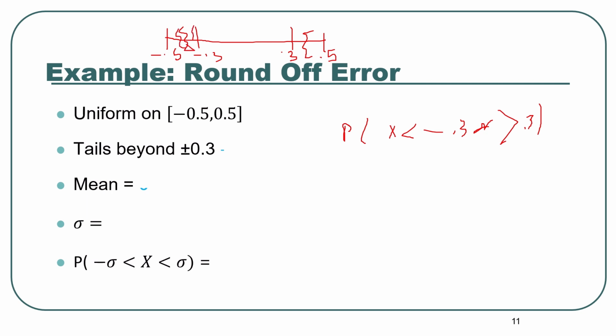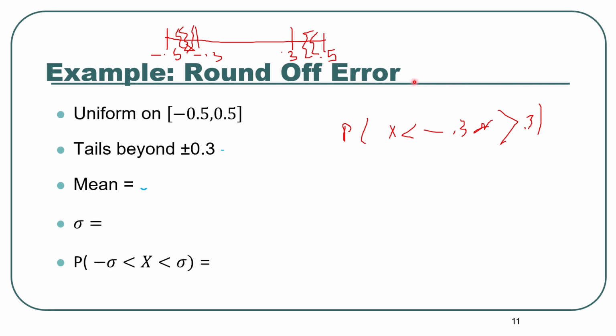So we want to calculate these two areas. I can calculate the inside area and subtract it from 1, or I can calculate each one of them and multiply by 2, because this area is exactly like that one.